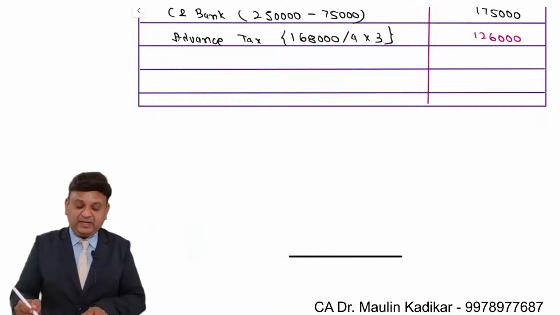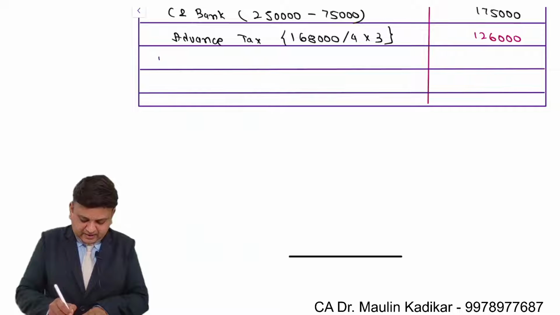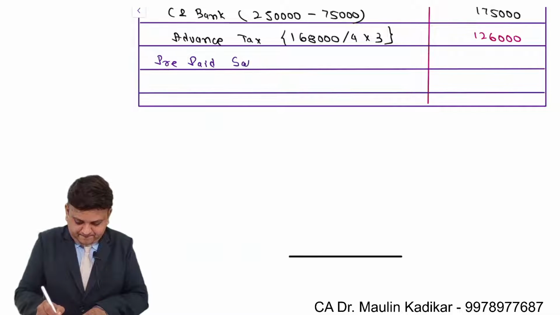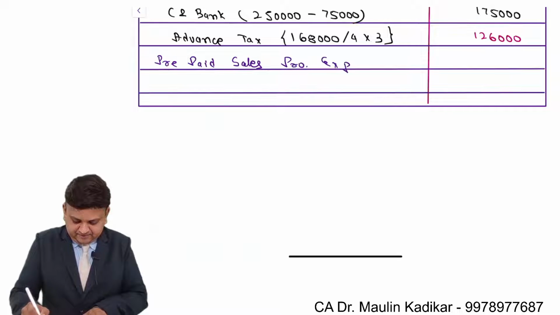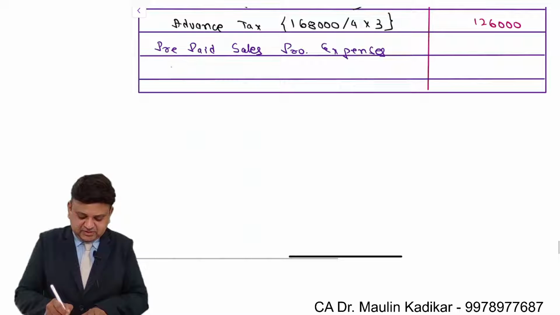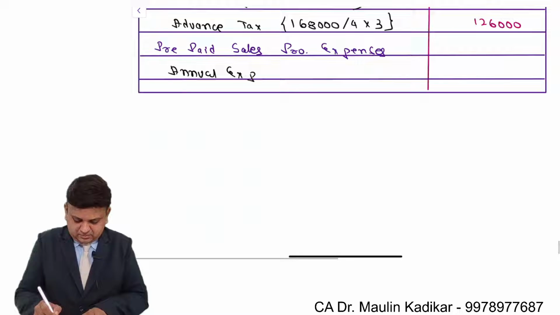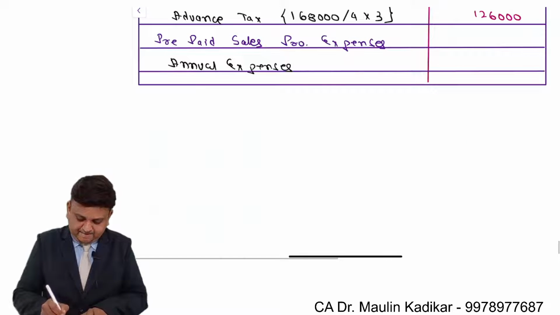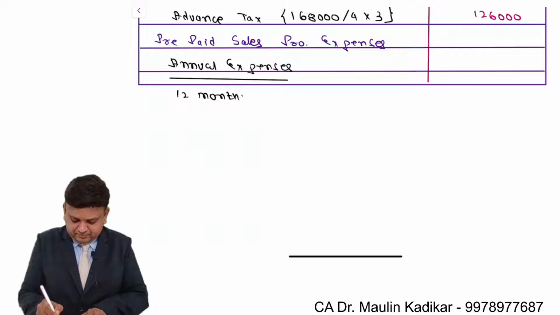Next is the prepaid sales promotion expenses. It is annual expenses divided by 12 months into time period.